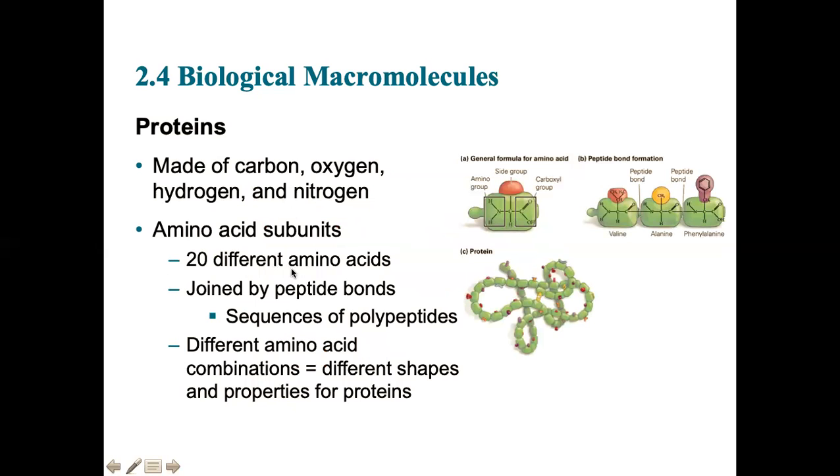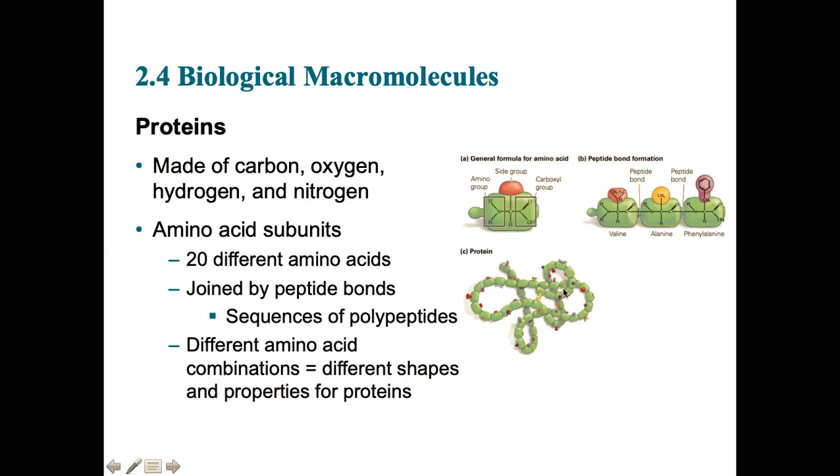And yep, so I said there's 20 of them. The fact that we have all these different variable groups, these different side groups on each amino acid, means that the big structure of the protein is going to be different. So if you have a different order of amino acids in your long string, they're going to fold up differently because those side groups are going to interact with one another differently.